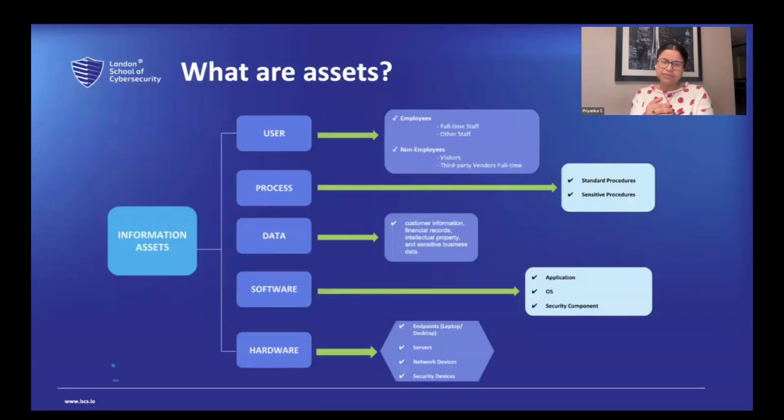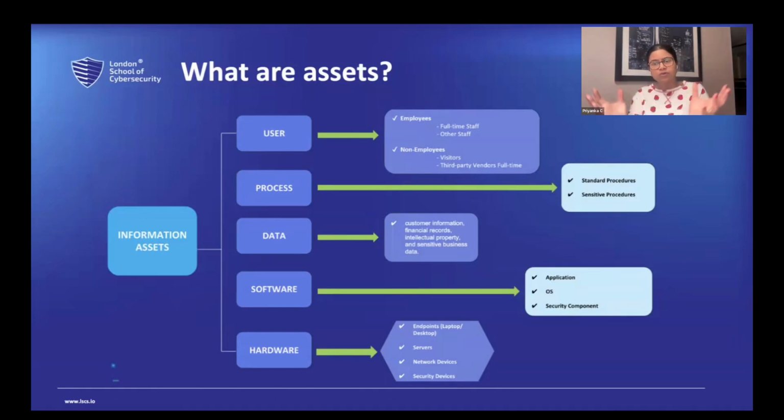Then the other type of assets could be the software or the applications that you use, or let's say the operating systems, Windows, Linux, those kinds of things, the software assets. And finally, last but not least, the hardware, the actual appliances or actual boxes that hold all of this data and help the IT world or the technology world run.